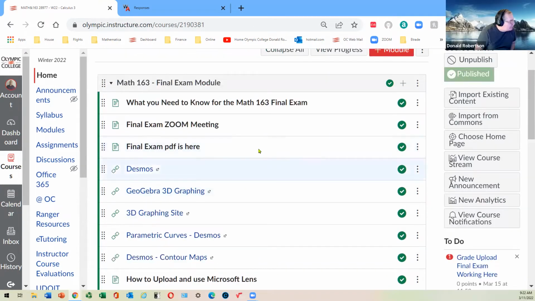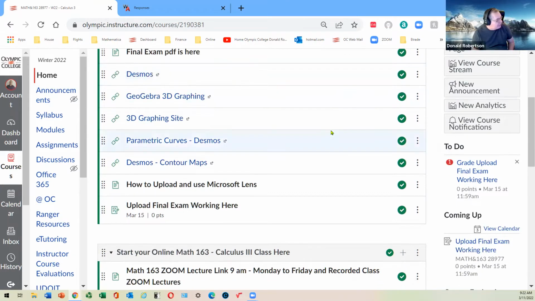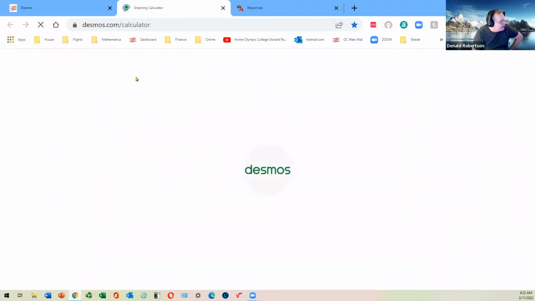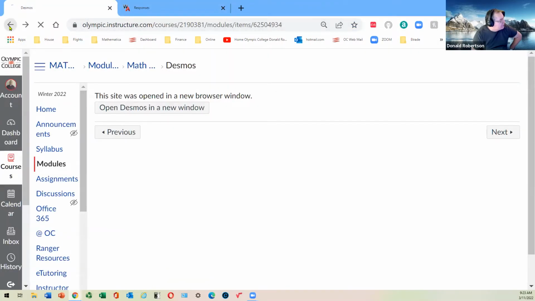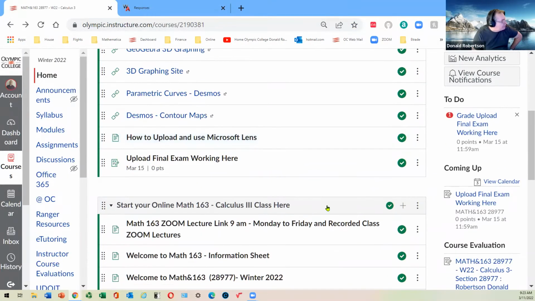So where are we? That's it. But so let's just look at some of the stuff here. You know, there's Desmos. Isn't Desmos kind of fun to do some graphing if you need to do something with 2D graphing? What other ones could we do?